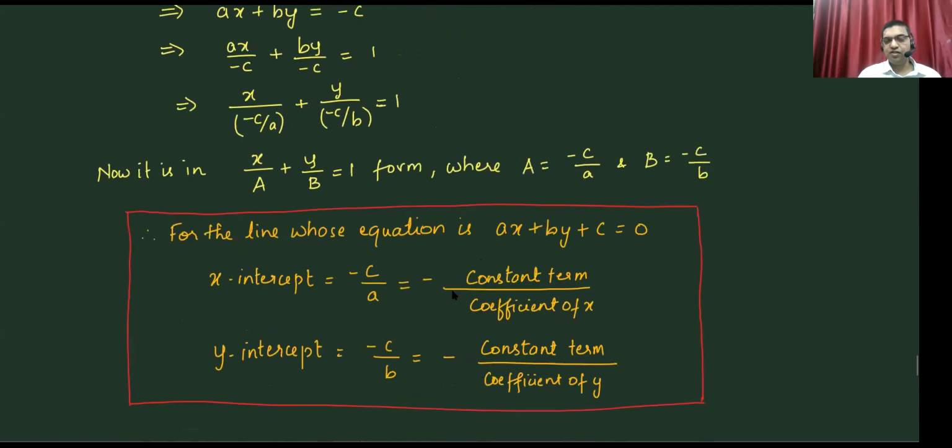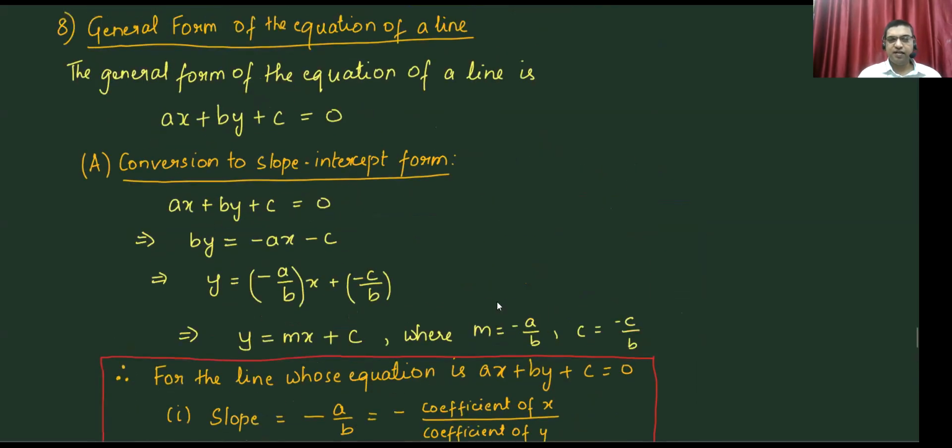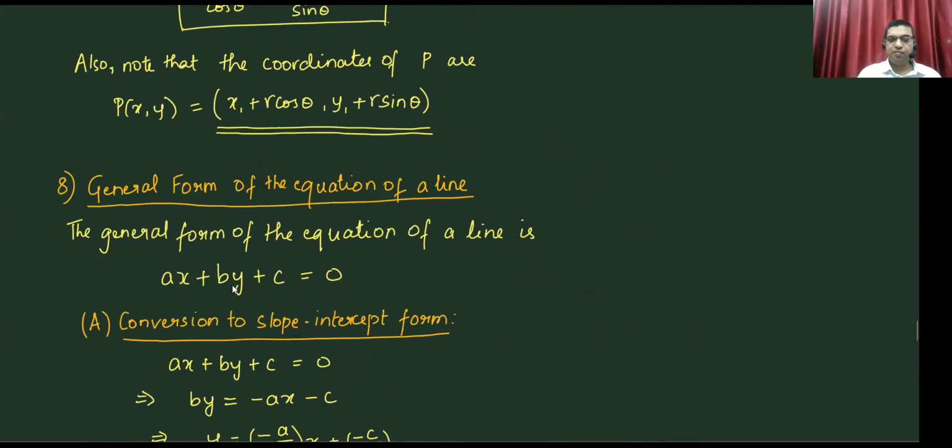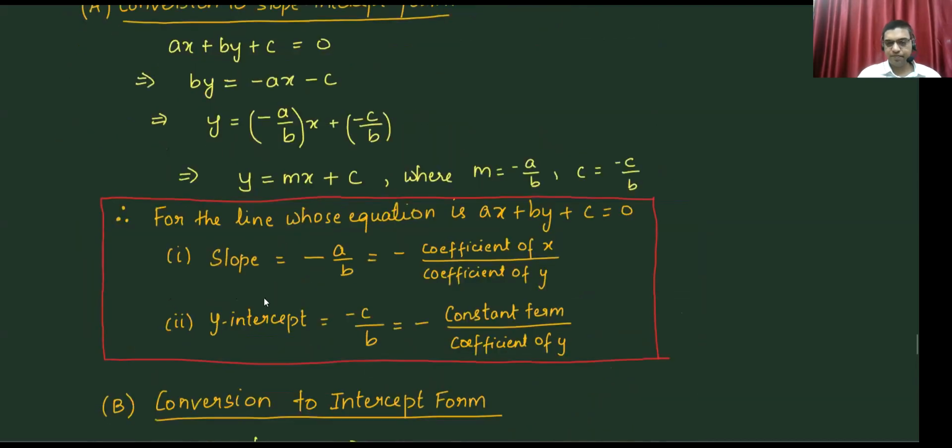Now we know the x-intercept too: minus the constant term by the coefficient of x. So just this line ax plus by plus c equal to 0 has so much information. We know the slope and both the intercepts, just by seeing this equation.